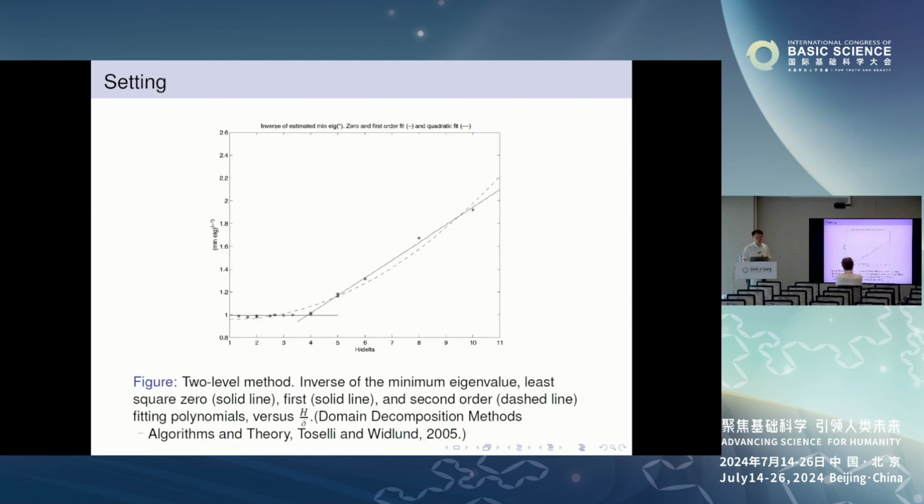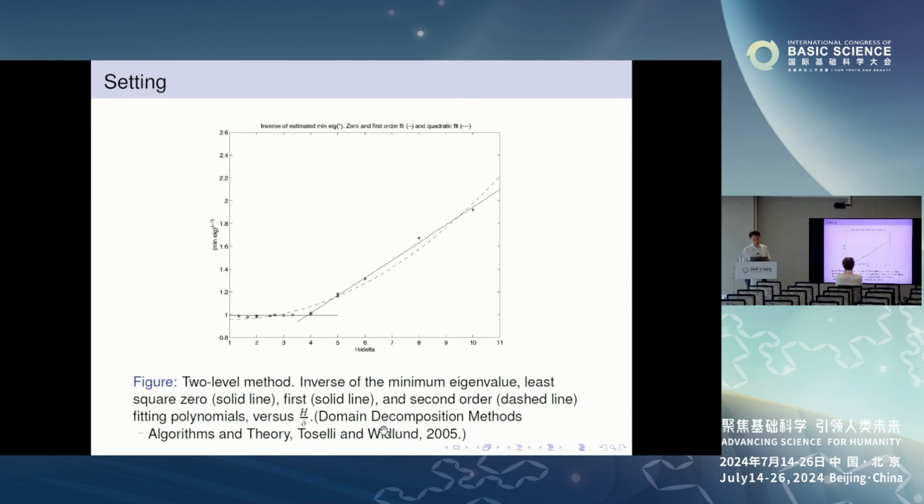So for computational mathematicians, if we cannot prove it, we can do some numerical experiments to show whether this result is right. This is a picture, not made by myself. It is actually a picture from the famous book by Toselli and Widlund.